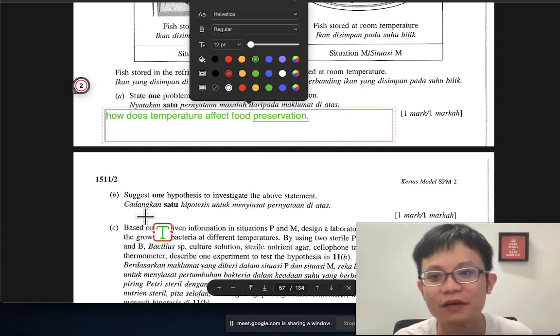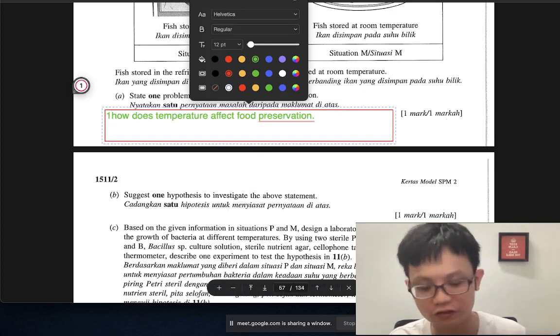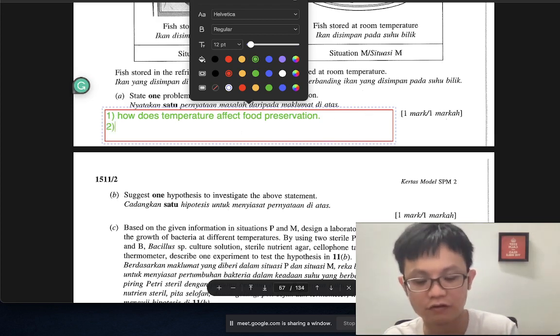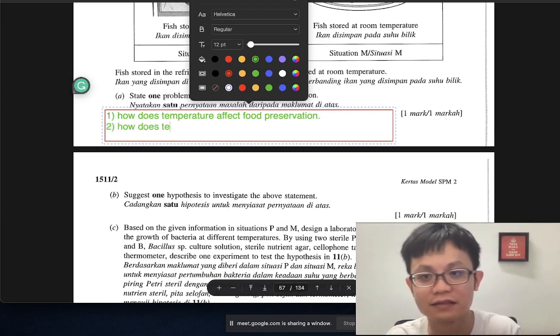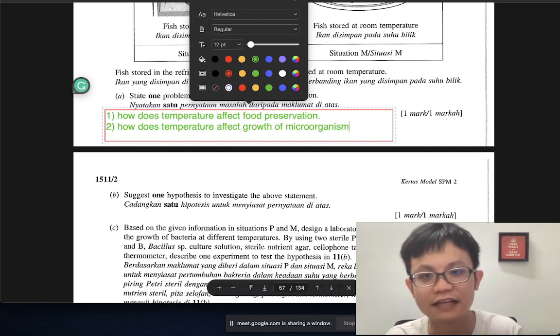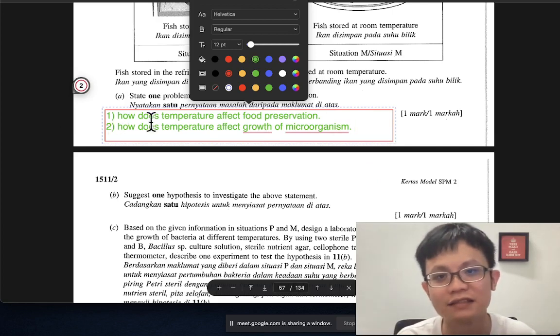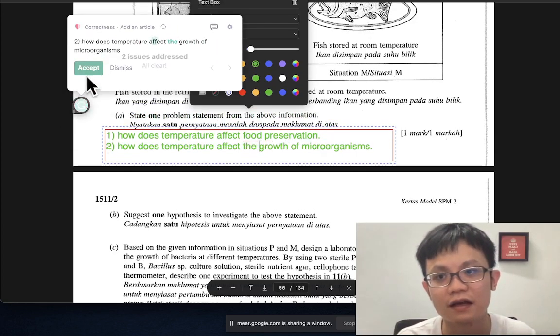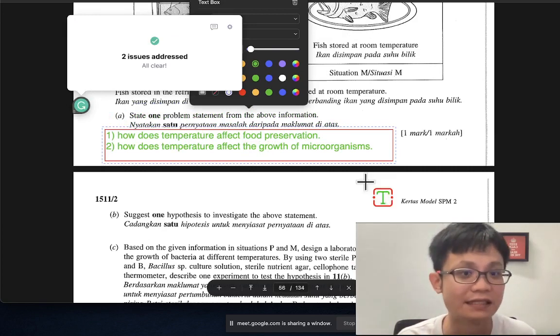So this one, students need to be a bit smarter. Actually, both are correct. So, how does temperature affect the growth of microorganisms? Actually, both are correct. That is why it confuses students, because of problem statement and hypothesis.